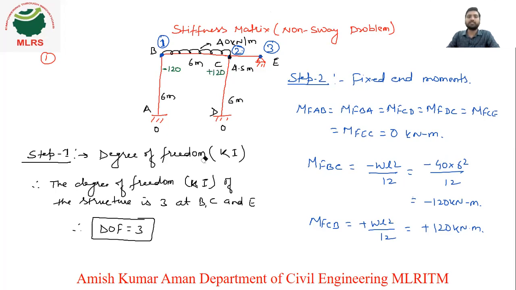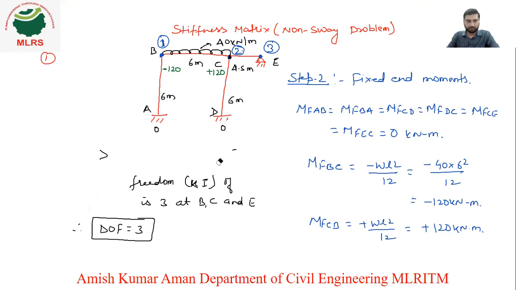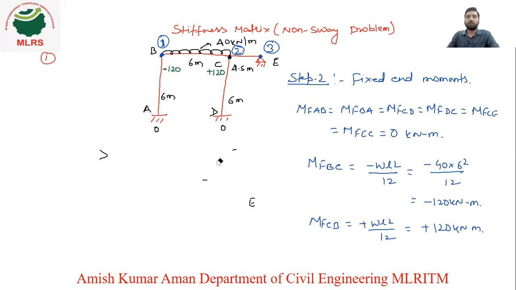Now what will we do next? Next we will make the P matrix, right? How will we make the P matrix? Here we will have 3 P values, P1, P2 and P3. How will we calculate P? The moment on the right plus the moment on the left. For P1, nothing is there on one side, means 0.